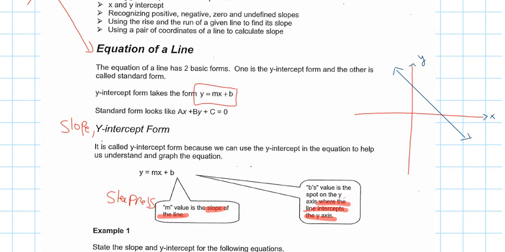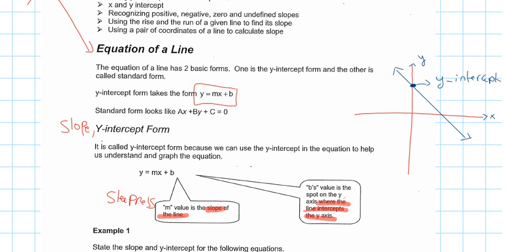You see that blue line? Where is this blue line intersecting your y-axis? So this blue line, where is it cutting the y-axis? Right here? Yeah. So this is called the y-intercept.